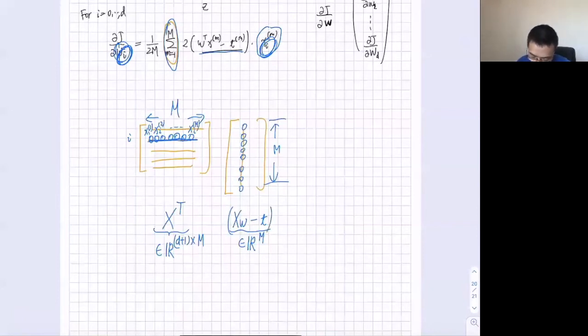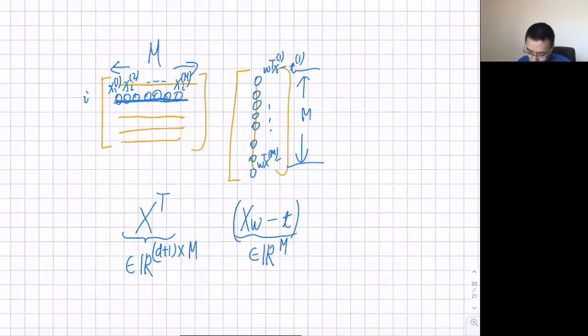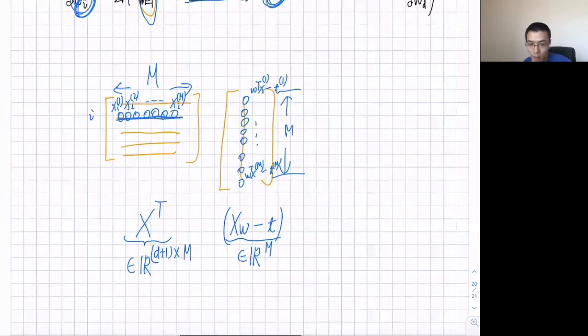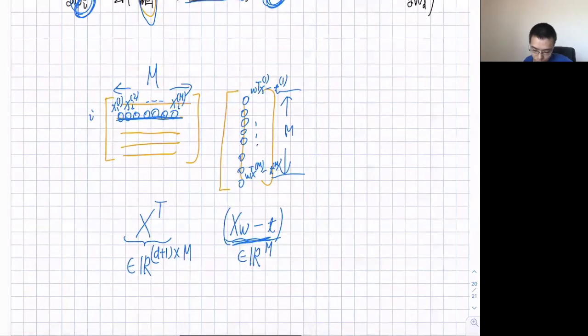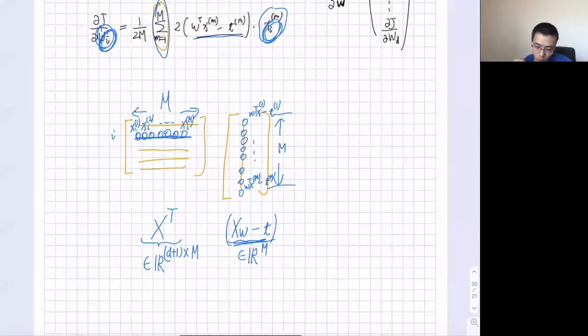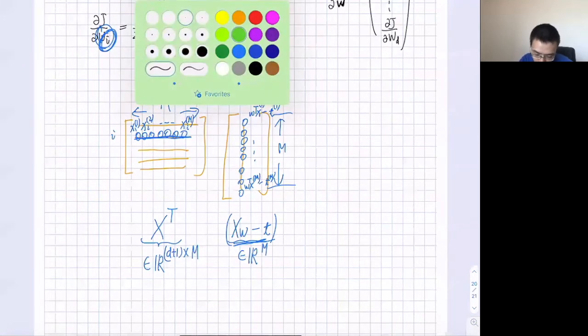So each dimension is how much you predict minus your target for the first data sample, until how much you predict for the mth data sample minus the mth target. So this is each dimension in my difference vector. Then when you compute the matrix multiplication, you are using every element here.